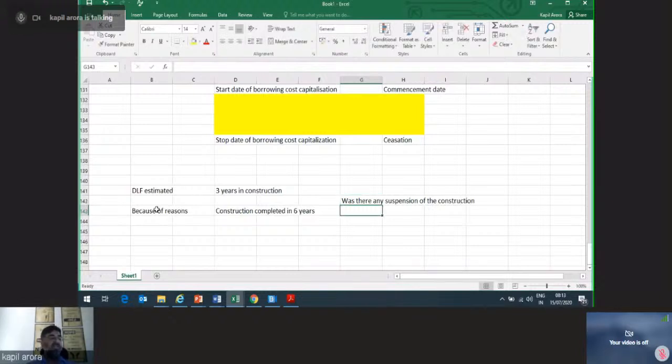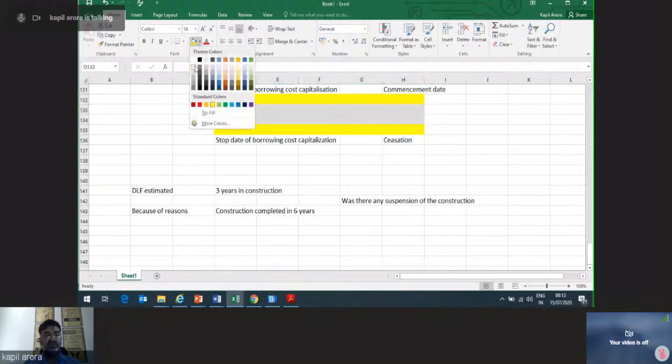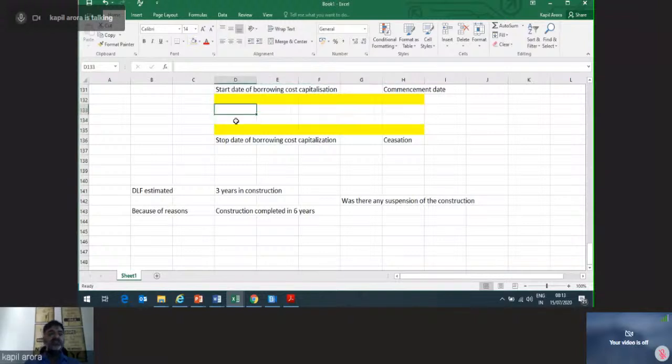If we allow everybody from start date to end date, then companies might not be able to complete the project in time because of some reason. For that purpose, we need to see whether, between these two dates of the construction activity, there was any period when construction was stopped, or I can say suspension.